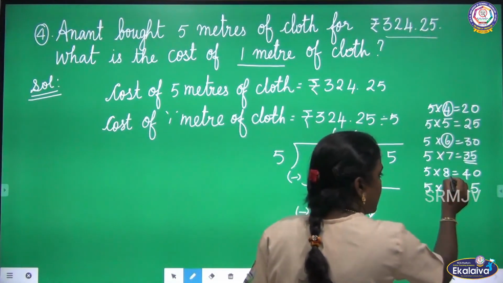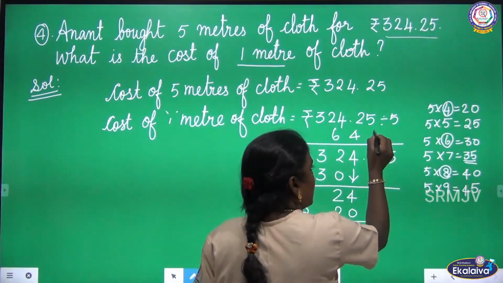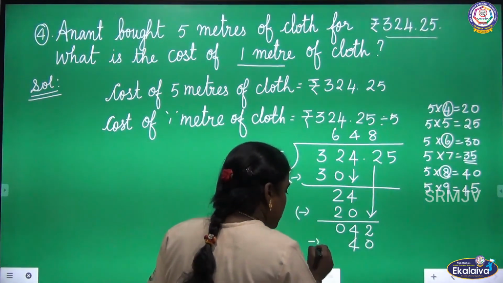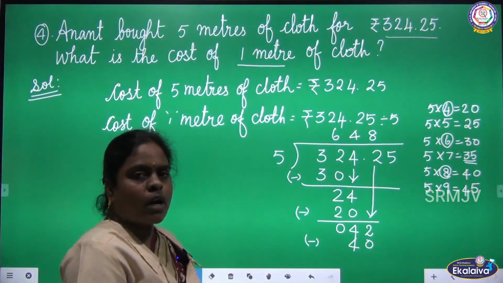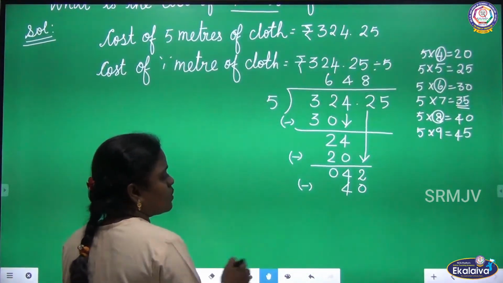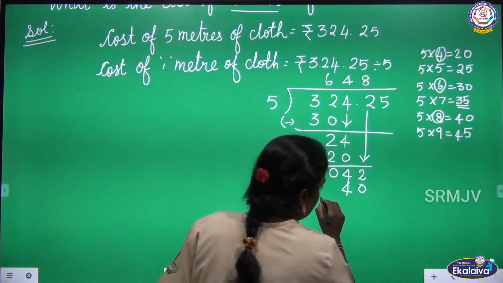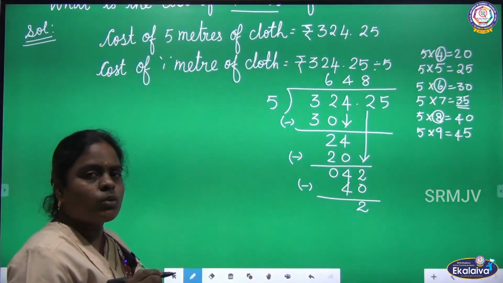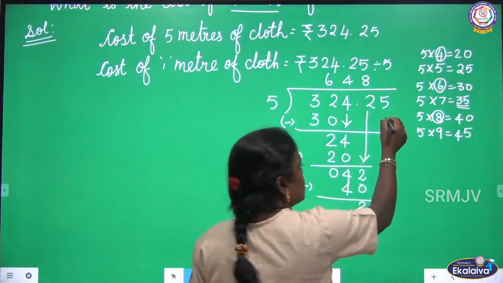So I am going to take 8th time. Write 8 in the quotient, 40 below the number. So now subtract 42 and 40. It is 2. If you subtract the numbers 42 and 40, you can get 2.